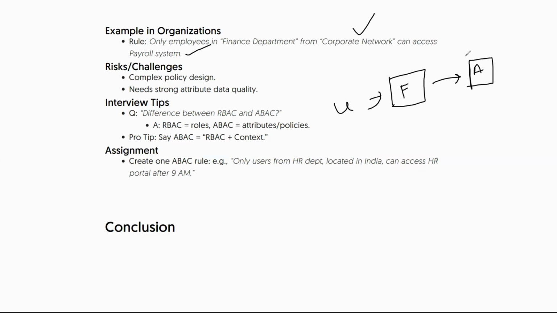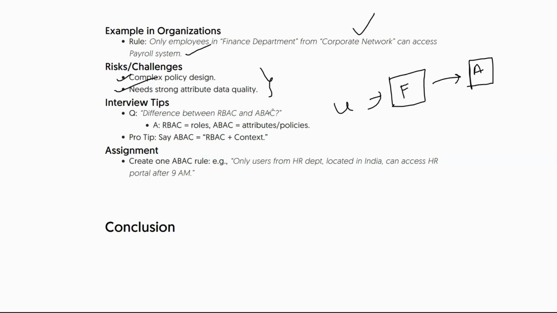But here it also matters from which network, which device, which location. Now you're using various attributes of a user to give them access. Yes, it is complex, but it needs strong attribute data quality. Your data has to be very clear. You cannot have data changing every time and the user confused.